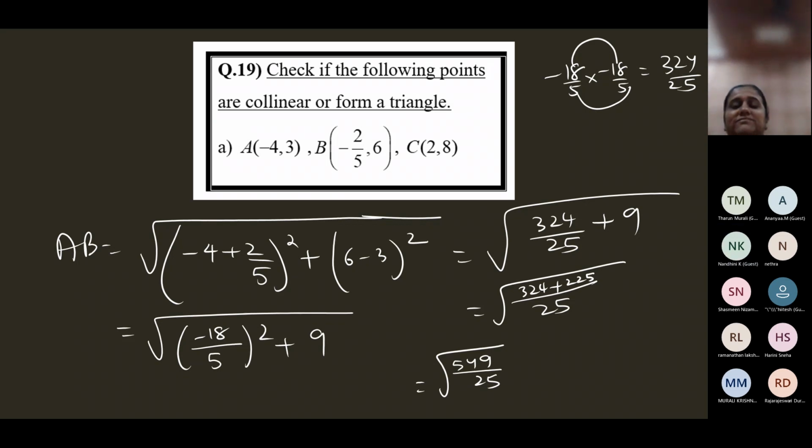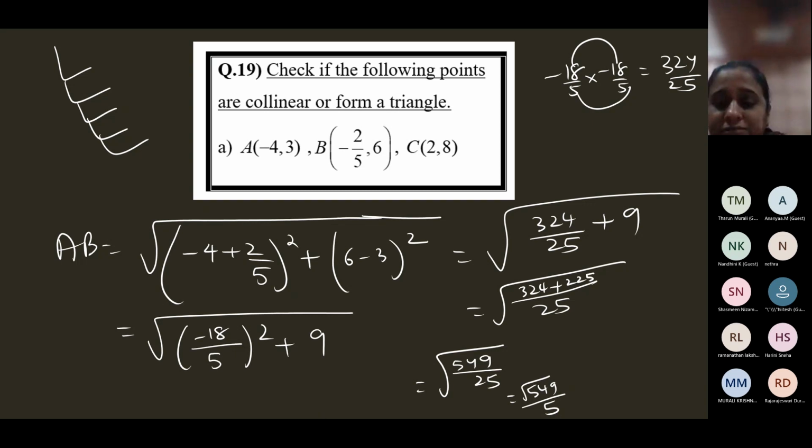Yes. Then write 549 as a mixed surd. Now 25 will come out as 5, so you can write it as root of 549 by 5. Now root 549, please express it as a mixed surd. That's important, otherwise it's difficult to comment. So similarly, find BC and AC.